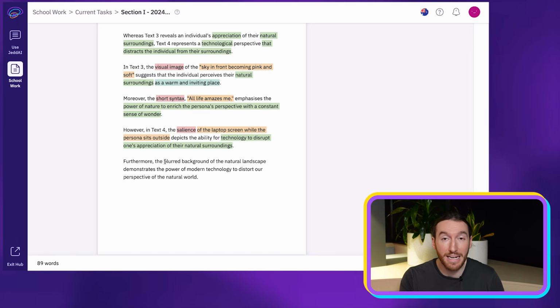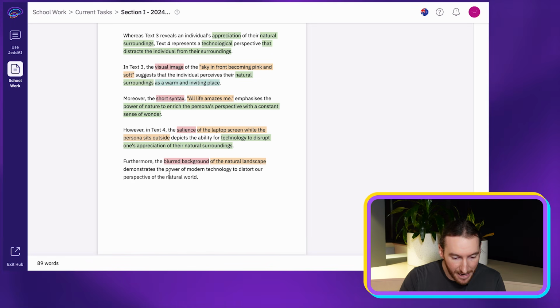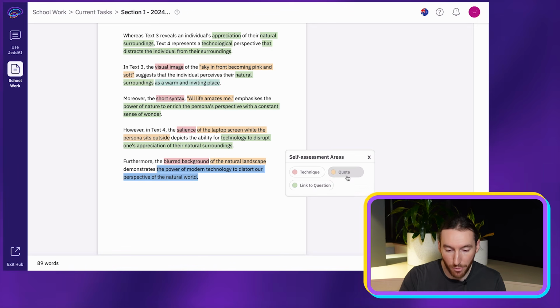See how I'm constantly looking at the words from the example that I've used to actually shape what I'm saying about it. So like in a quote, we zoom in on the word, blurred background, that makes me think of a distorted view. So blurred background as the technique, we say what is actually blurred there, a natural landscape, and it demonstrates the power of modern technology to distort our perspective of the modern world, okay?